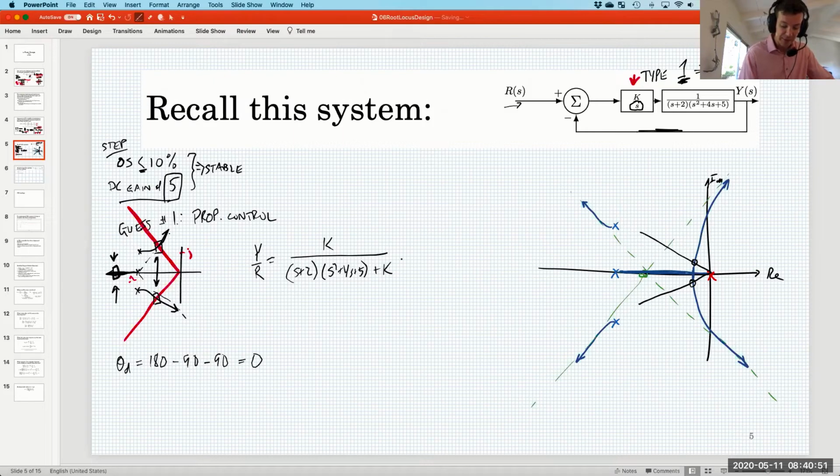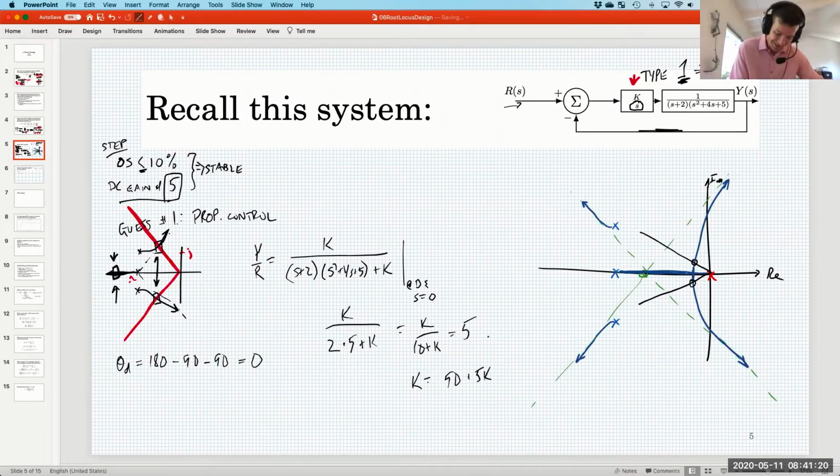And if I want to evaluate this at DC, so s equals 0, the gain at DC is going to be K on 2 times (5 plus K). So we get K on (10 plus K). Set that equal to 5 and cross your fingers, I guess. So K is 50 plus 5K.